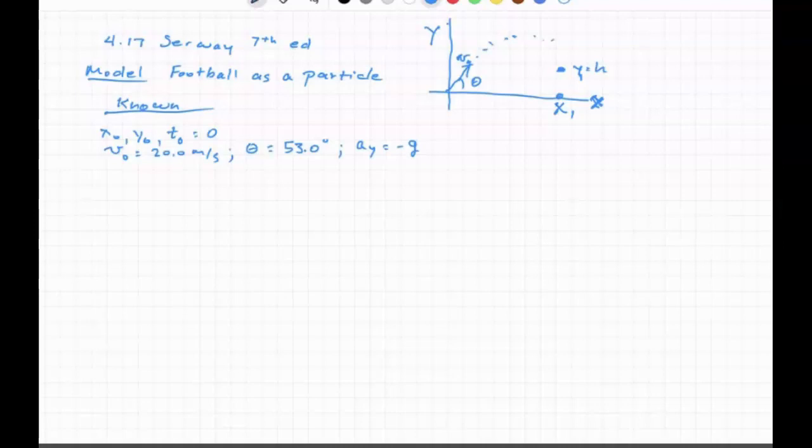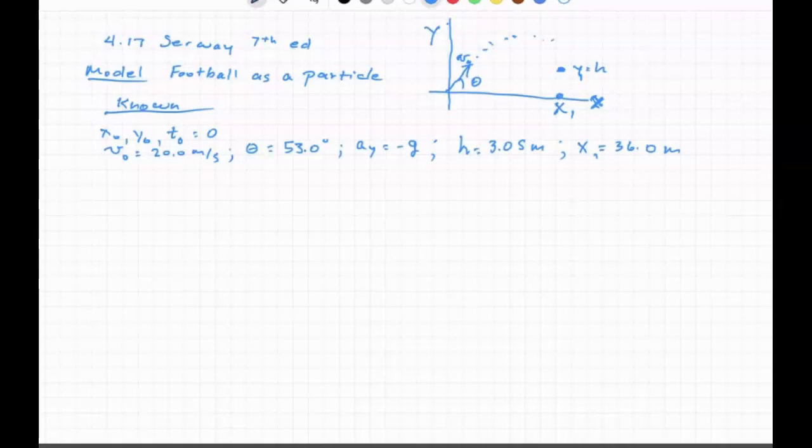And the acceleration is only in the y direction, and that's equal to minus g. We're told that the height of the goalpost is equal to 3.05 meters, and the horizontal position x1 at time t1 is equal to 36.0 meters.